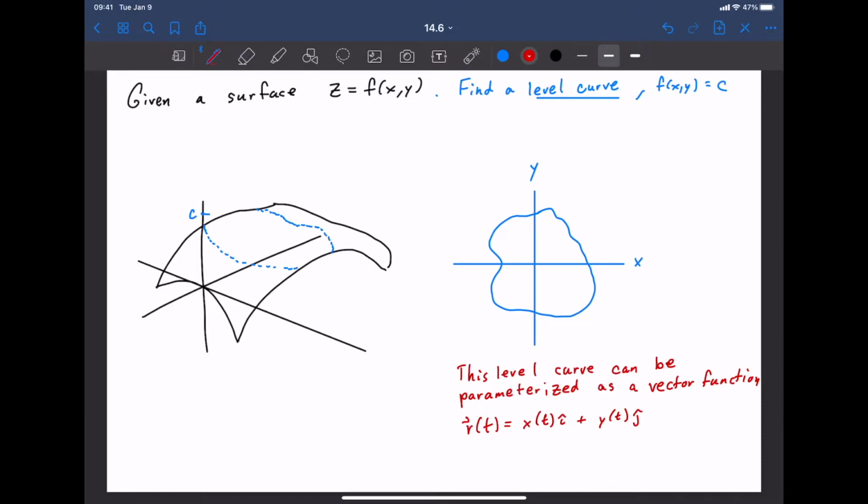You could write it in component notation, but this is producing an x and y coordinate for every single time t. It doesn't have to be a particle motion, but you could imagine a particle walking in this direction or an ant walking along this curve at specific times. So we found a vector function that talks about this, and therefore we're going to combine all this information.